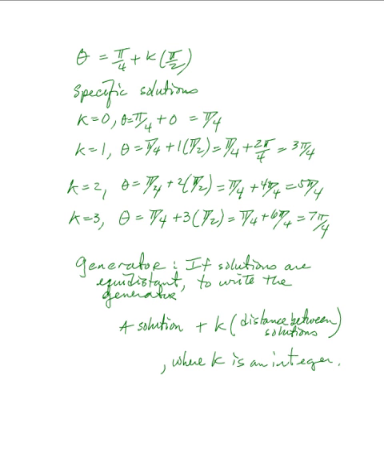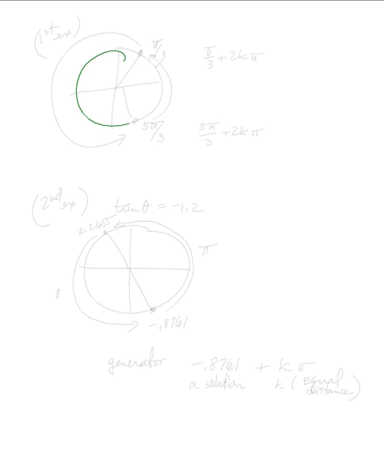So then, just recapping this a little bit, the first one we had solutions here, pi over 3, and then 5 pi over 3. And when I say equidistant, when I look at the distance it takes from pi over 3 to 5 pi over 3, that's not the same as going from 5 pi over 3 back to pi over 3, or another name for pi over 3, the next coterminal angle.